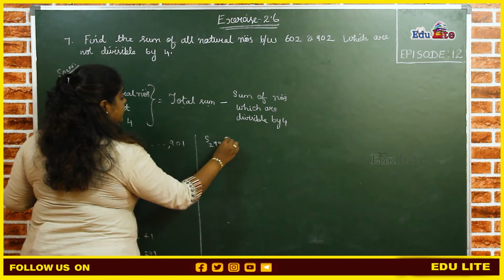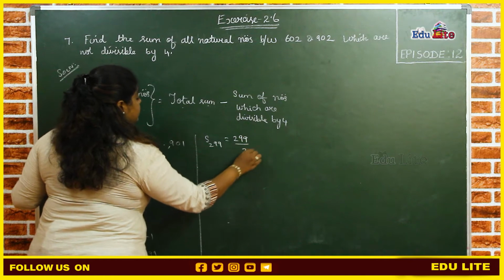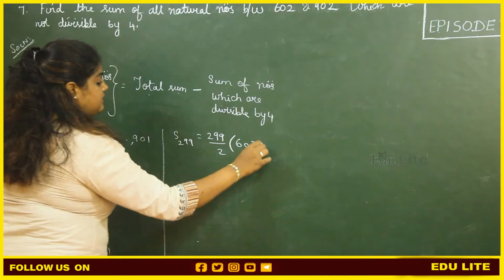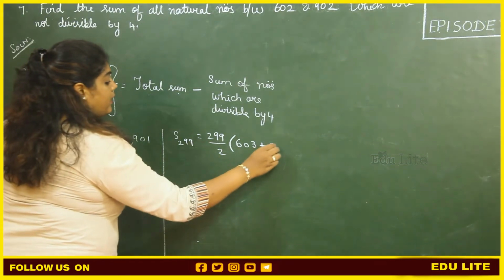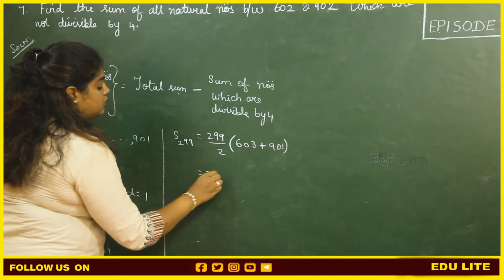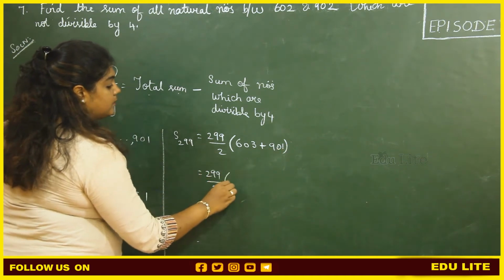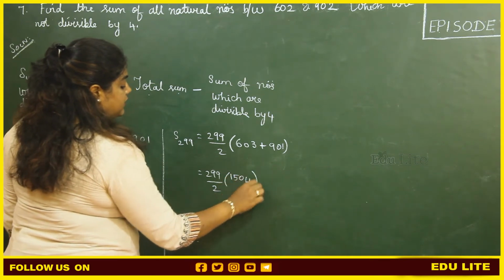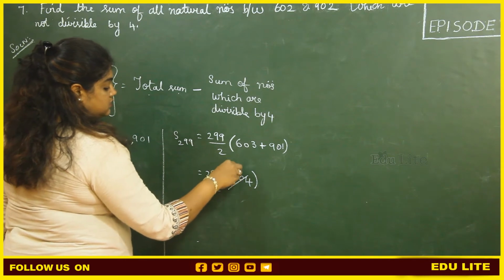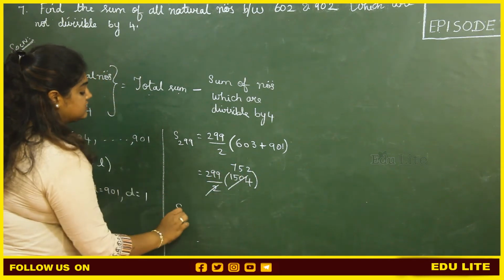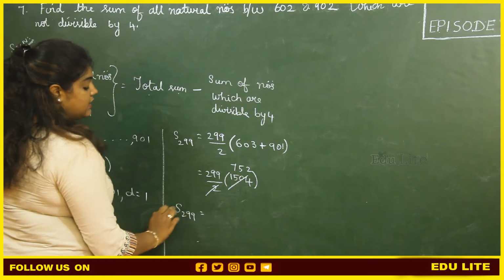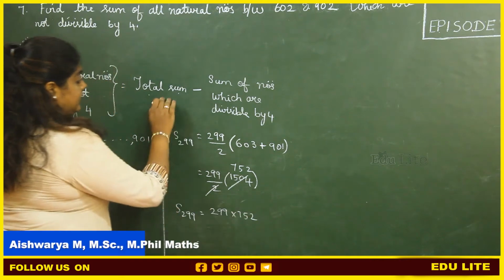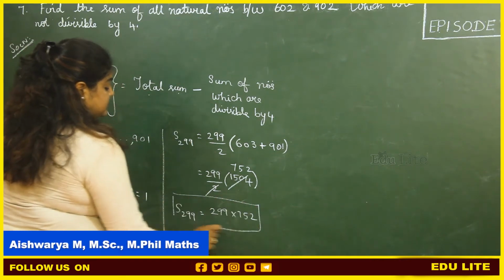Therefore, S299 equals 299 by 2 into (A value 603 plus L value 901), so 299 by 2 into 1504, that is 299 into 752. Let us keep this value S299, the total sum, as 299 into 752. At the end it will be easy for us to simplify, so let us keep it as such.